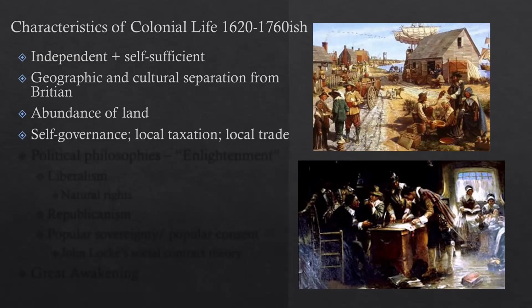They quickly set up local governments. Once people settled, many of them received charters from the king that allowed them to institute a local government, like an assembly. You may have heard something called the House of Burgesses in Virginia. So the Virginia colony had its own government, and they were elected leaders. They collected local taxes.